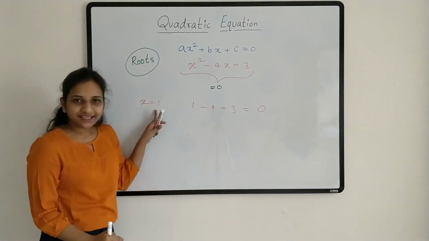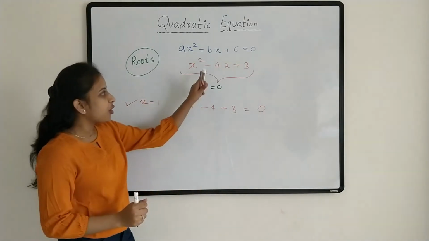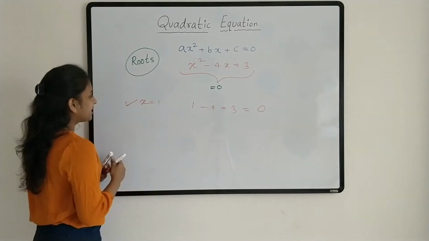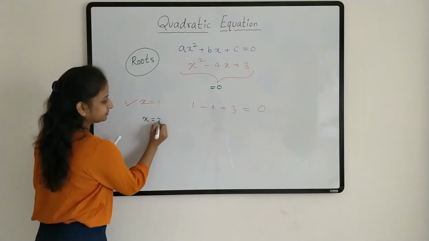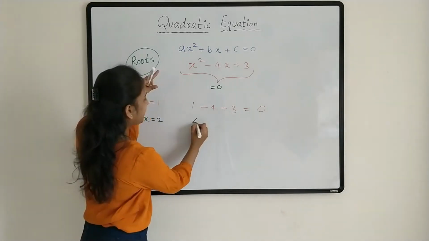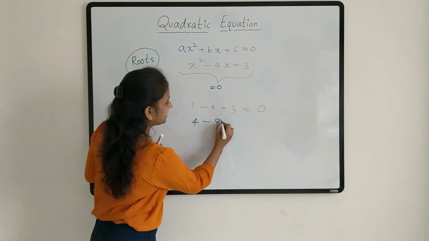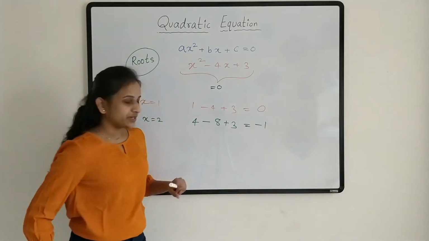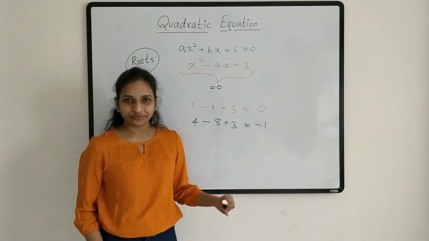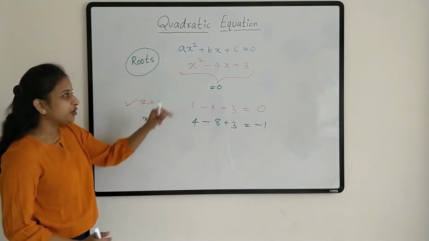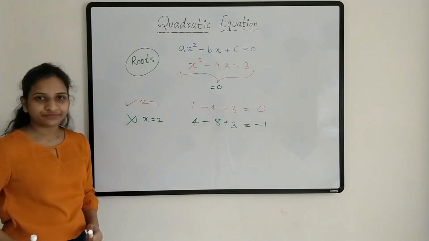That means x = 1 is a root of this equation. Now let's check for x = 2. Let's substitute 2 here. So we get 4 − 8 + 3. This value is −1, which is not 0. That means x = 2 is not a root of this equation.